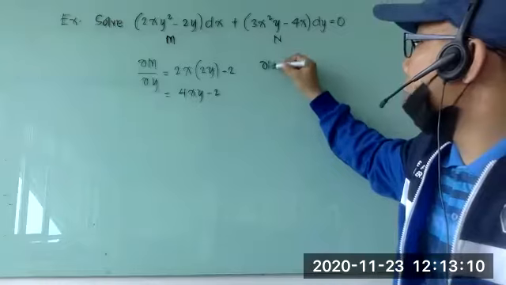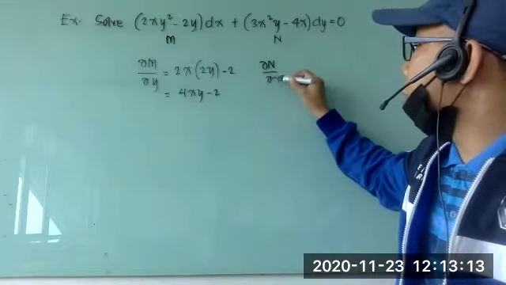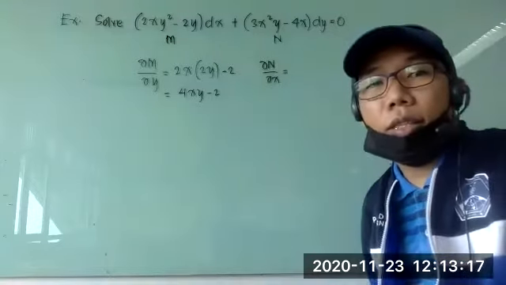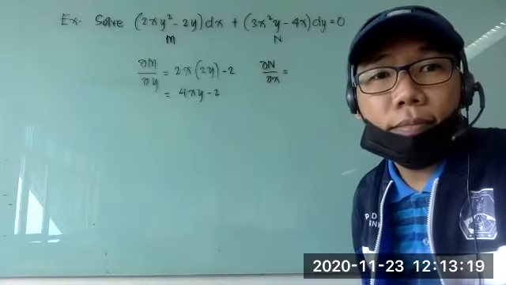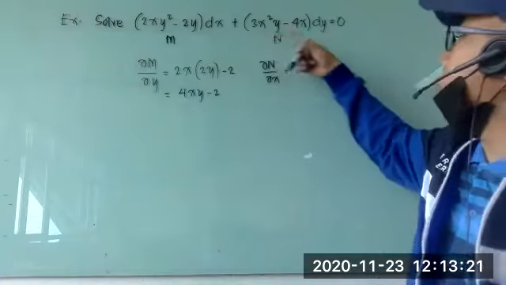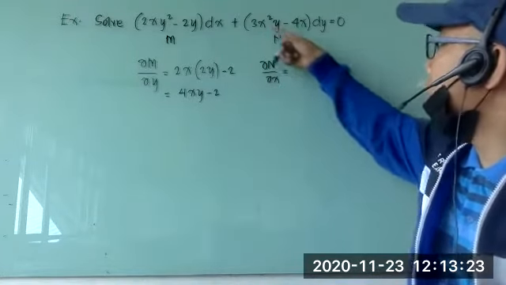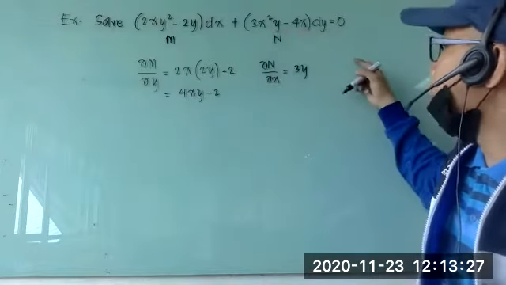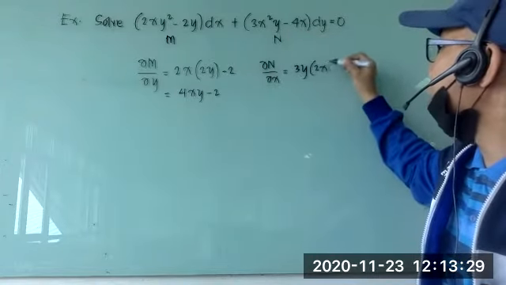How about for this term here? So take the partial of n with respect to x. So y is held constant. Now we copy 3y, and then we differentiate x squared, that is 2x.